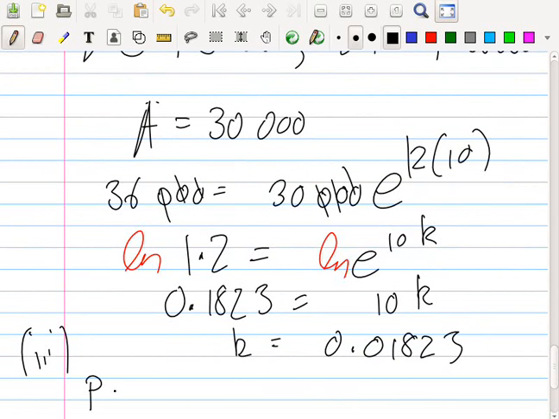So the population in the year 2013 is A e^(kt). And what's the t here?